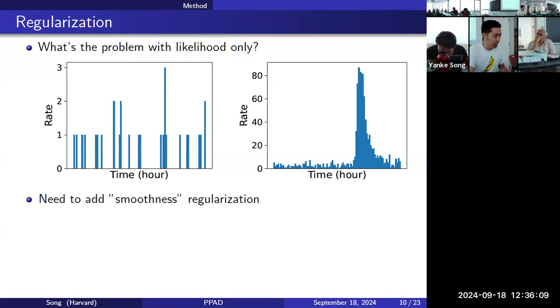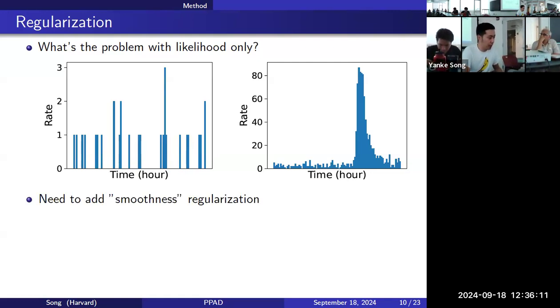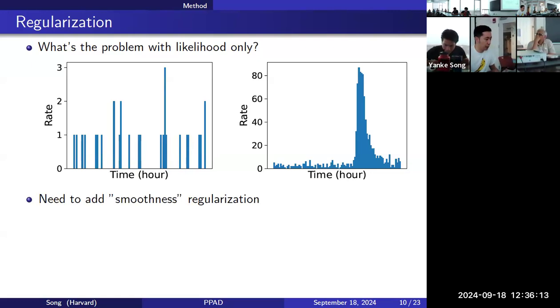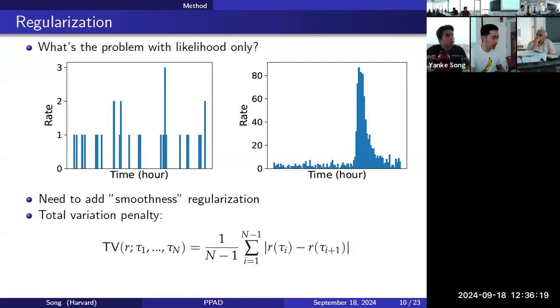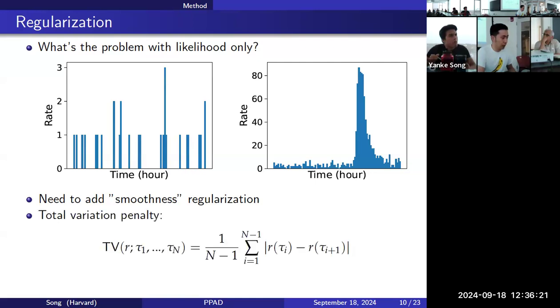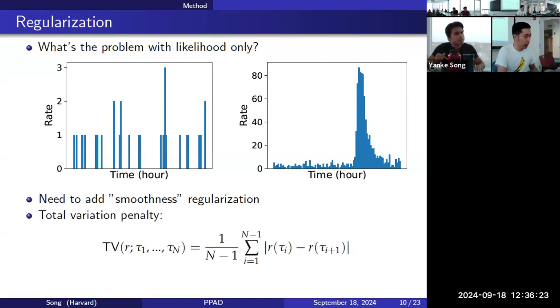So the regularization I'm adding is the smoothness regularization because we want the light curve to not change abruptly, like what I just said, with that singularity. The smoothness regularization I'm using is the total variation penalty, which, if I rephrase it, is basically an L1 penalty on the derivative of the reconstructed light curve.